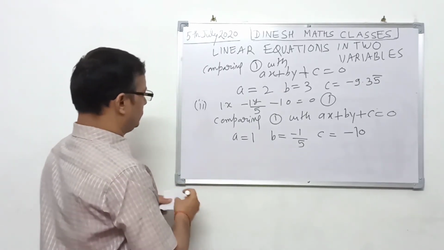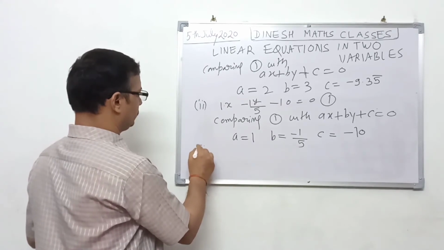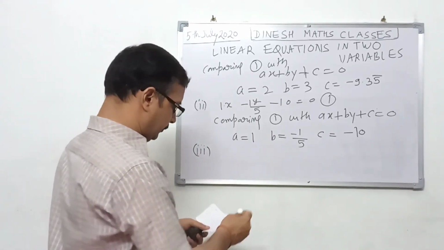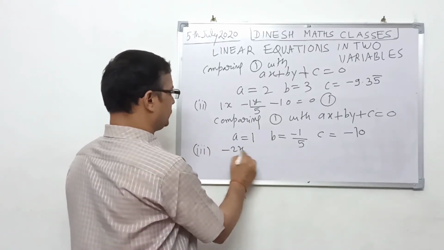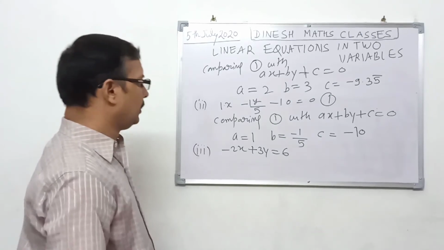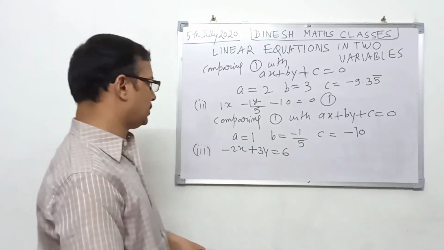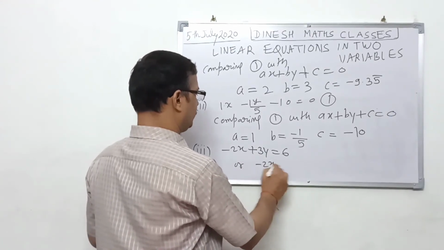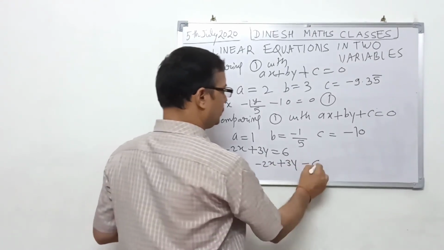Now take the third part of this question. Minus 2x plus 3y equal to 6. Here the right hand side is not 0, so first transfer 6 to the left side. You will get minus 2x plus 3y minus 6 equal to 0.